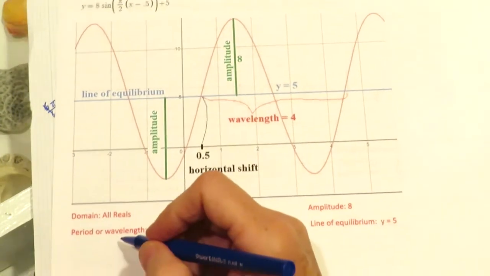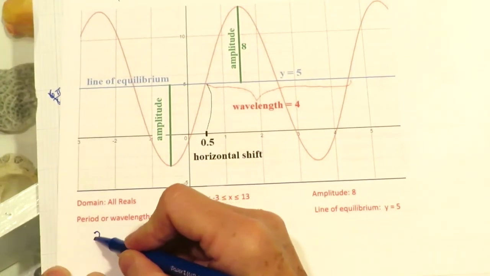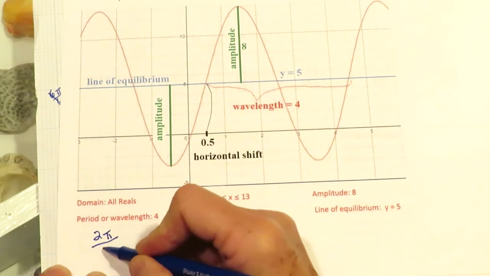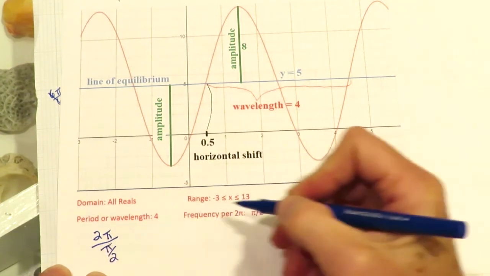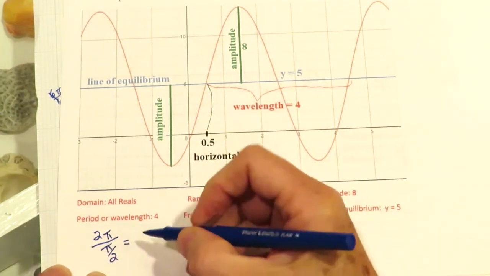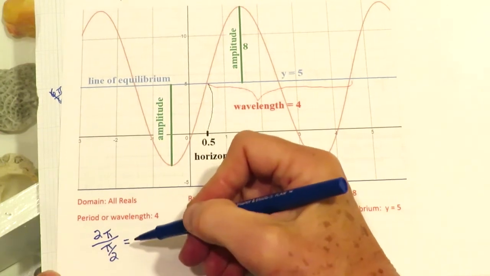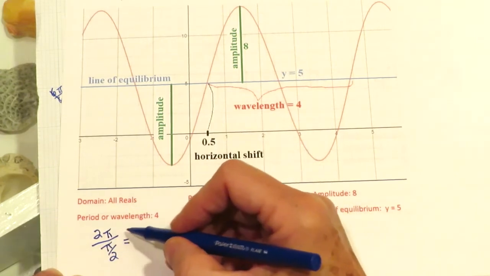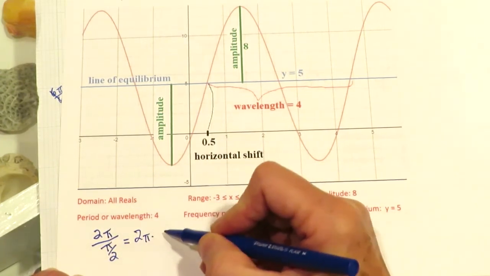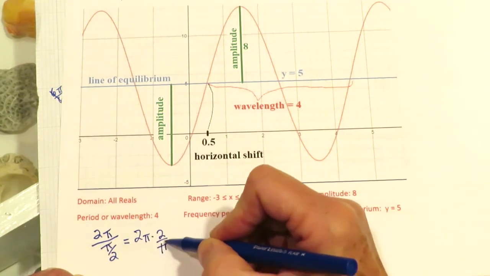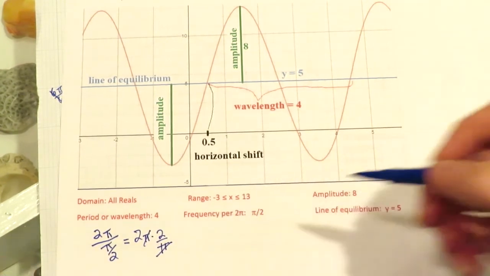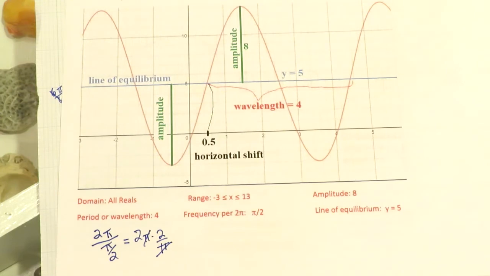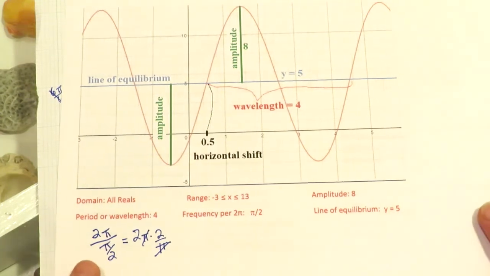If you think about that, then every 2 pi we're getting pi over 2 of a wave. The wavelength then is this ratio, 2 pi divided by the frequency, pi over 2. If you clean that up, notice that the pi's cancel out, and you get 2 times 2, which is 4. So this wave, the wavelength is 4.